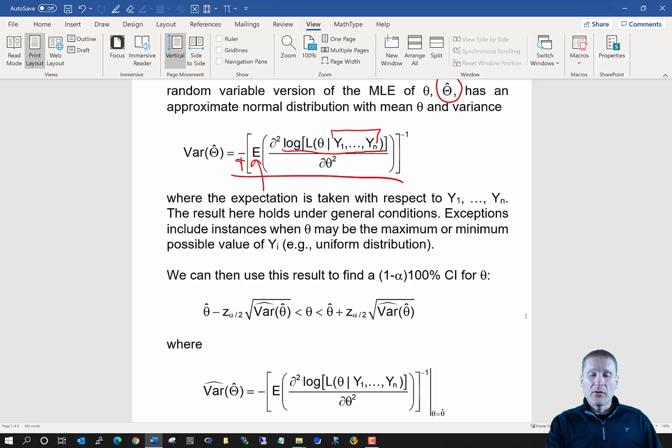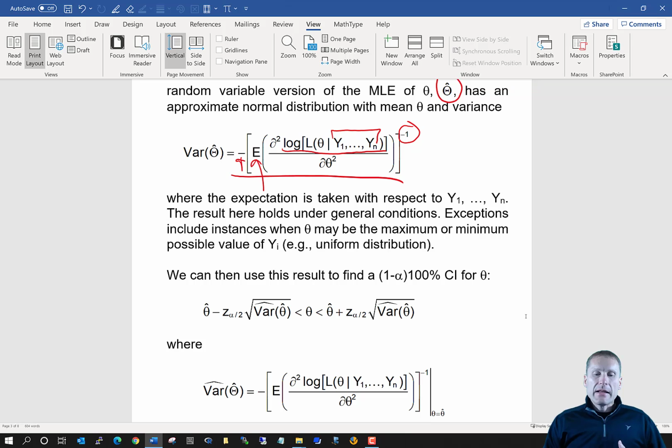That's why I have the capital versions there. What I'm going to do with this log likelihood function is take the second derivative of it with respect to theta. Notice I also have a negative one out here, so it means I'm going to invert it.